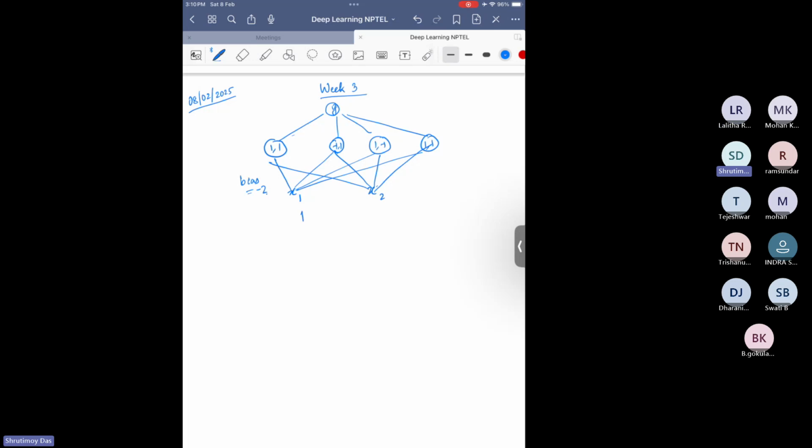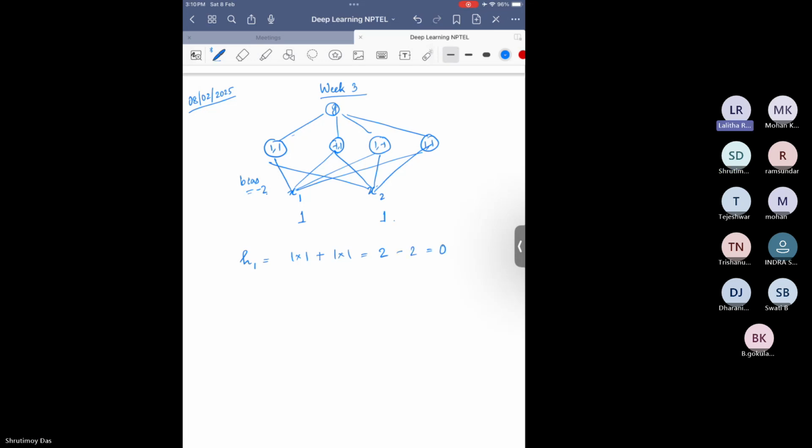Suppose I give an input of 1, 1. Then it'll be 1 into minus 1, because everywhere it is minus 1 and plus 1, the weights. So each one will have 1 into 1 plus 1 into 1, that is 2, and you have a bias of minus 2.